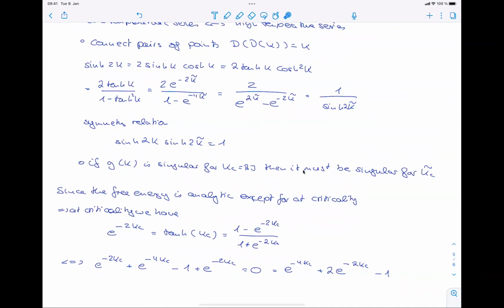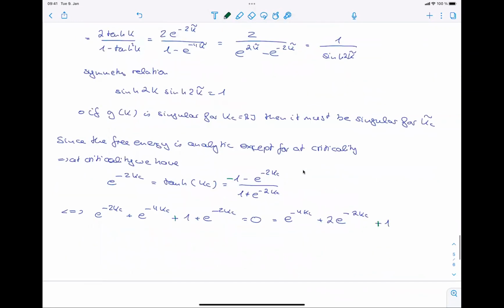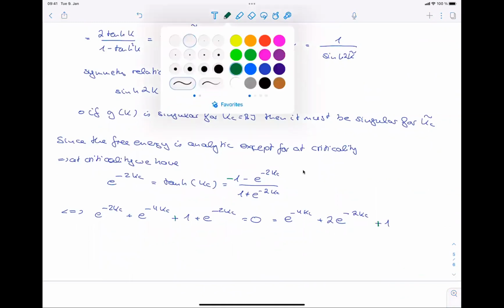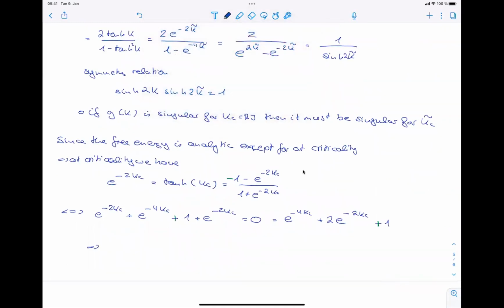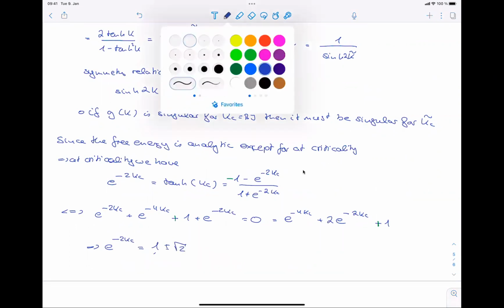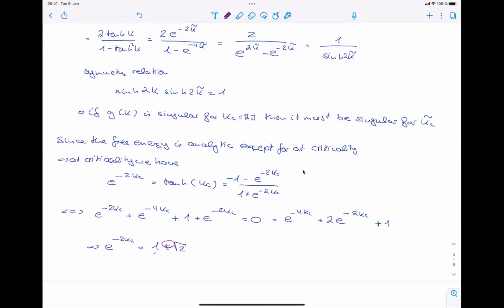I have a minus sign in here, and I can't find it. Let me put it down in green, and then we can check independently. But this is what we need to find: e^(-2Kc) is then solved by 1 plus or minus the square root of 2. And the one that counts is the plus one.